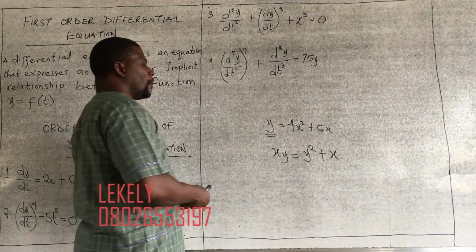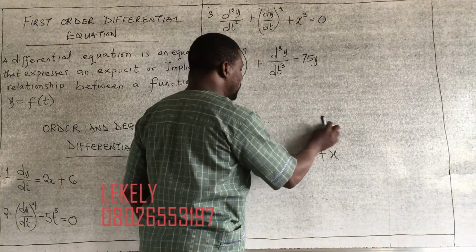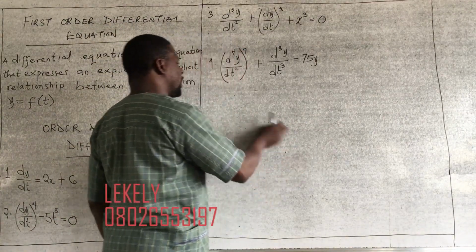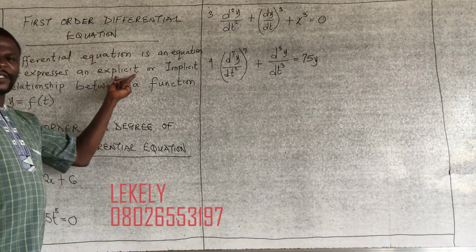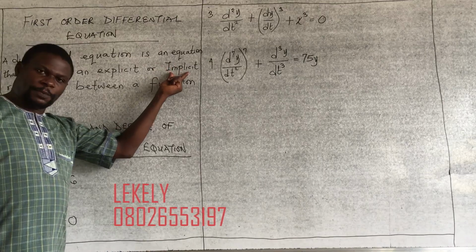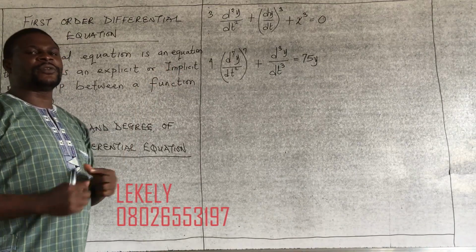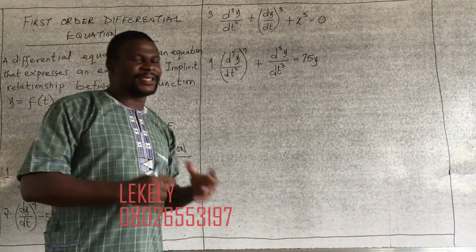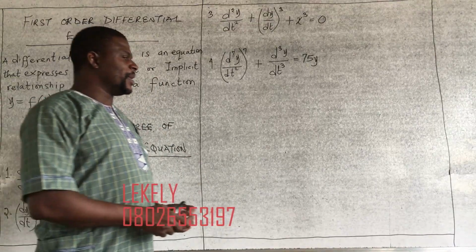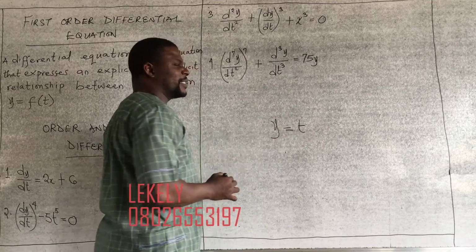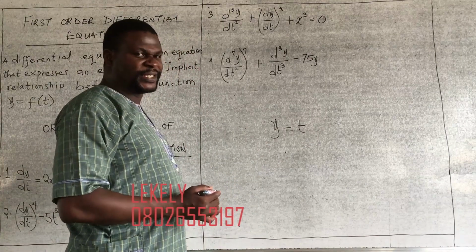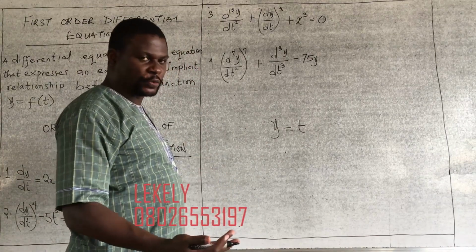Now, we are saying that a differential equation is an equation that will either be explicit or implicit, but it is always a relationship between y and t. So I can have y on this side and t on the other side. This one is an explicit differential equation.